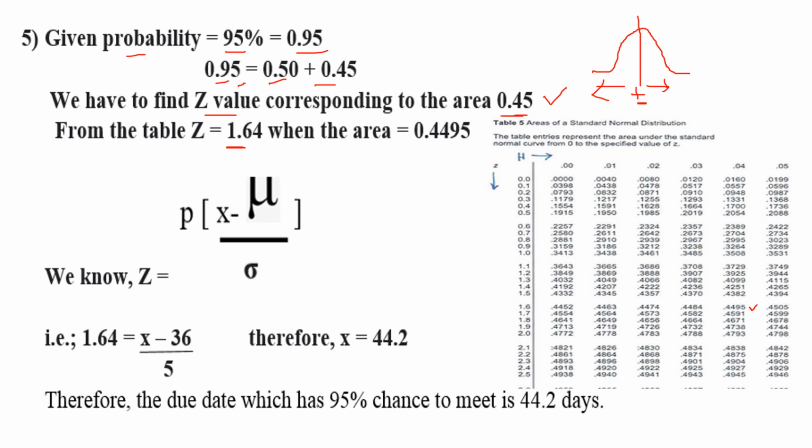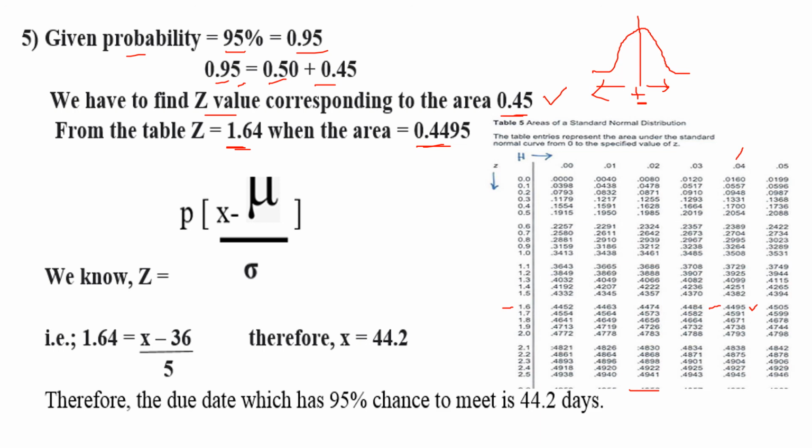You have to check for 0.45 in this portion of the data and find the intersection, that is 1.6 and 0.04. So total it is 1.64. From there you are getting the value 0.4495.